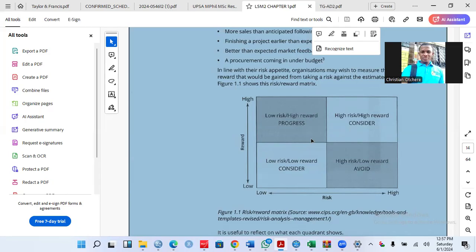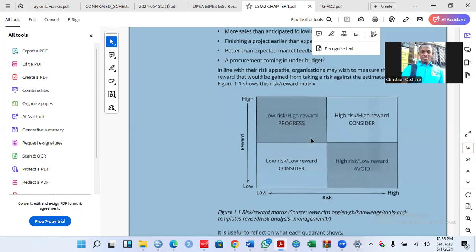Collaborating with such suppliers results in lower risk in terms of reputational risk, because you are dealing with a supplier who is also equally reputable.